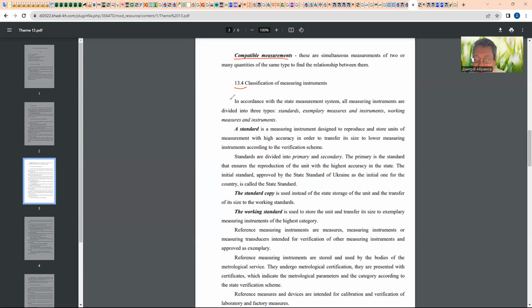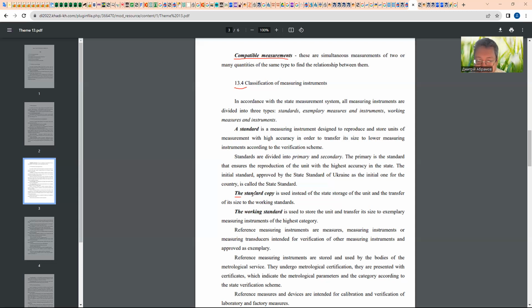The primary is the standard that ensures the reproduction of the unit with the highest accuracy in the state. The initial standard, approved by the state standard of Ukraine as the initial one for the country, is called the state standard.